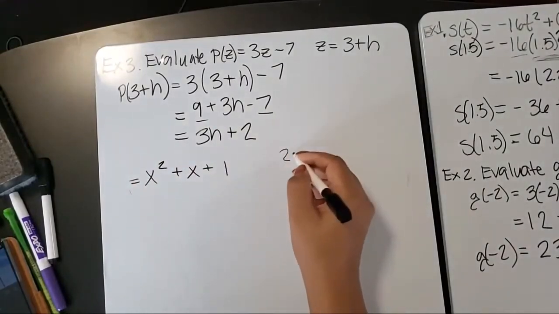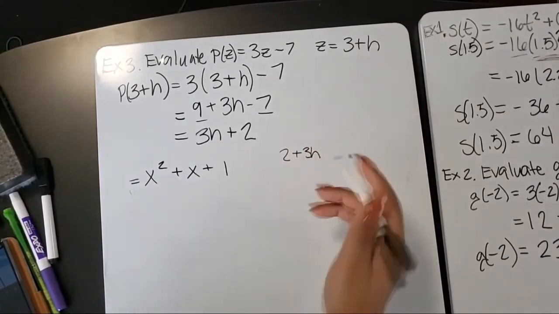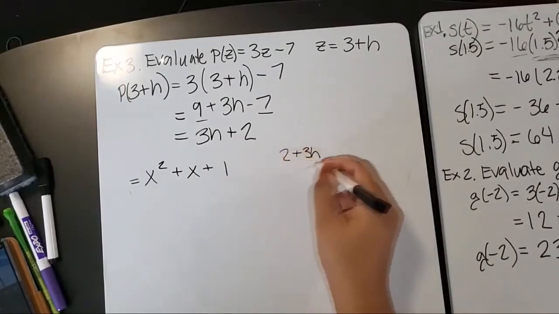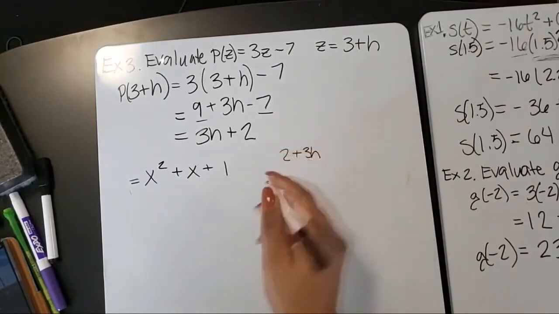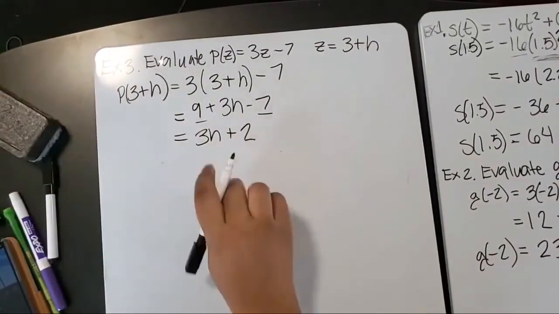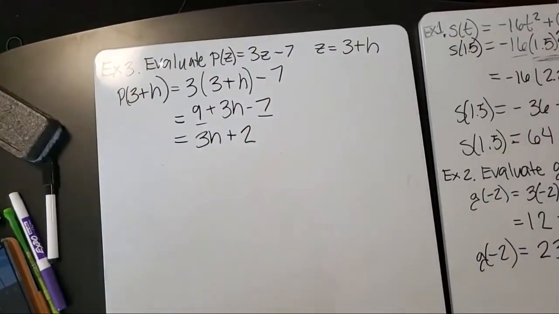While 2 plus 3H is not wrong, the way that we write it is called descending order. But if you did 2 plus 3H, I wouldn't necessarily count it wrong because we haven't really gone into degree and all that, okay?